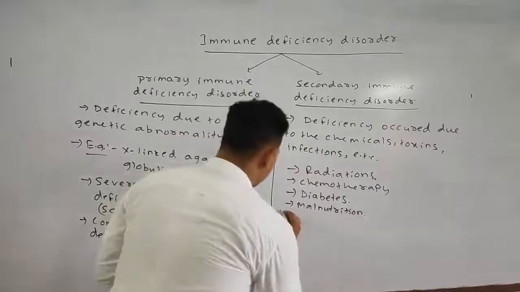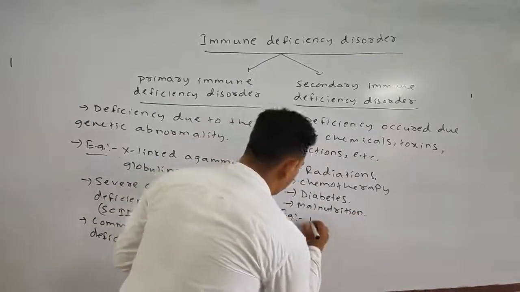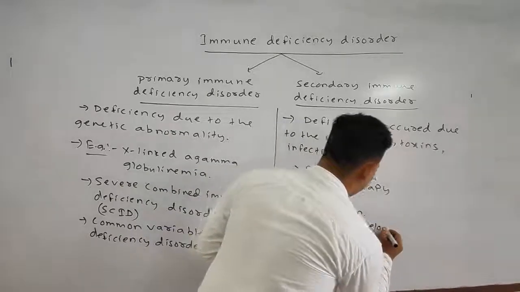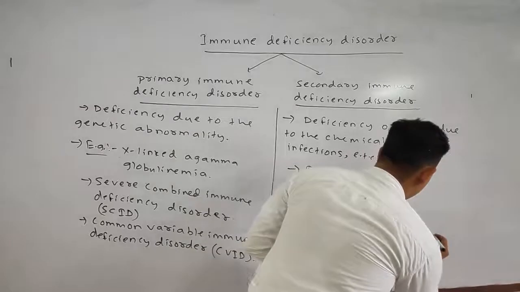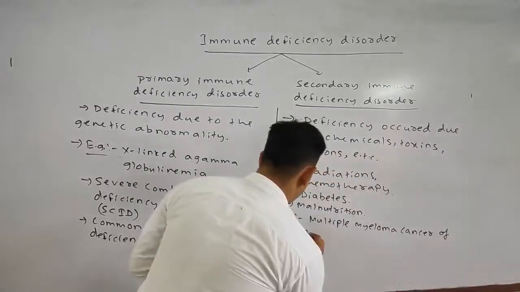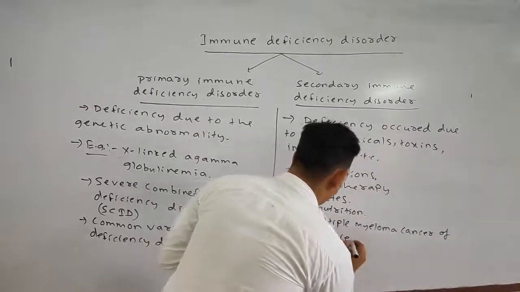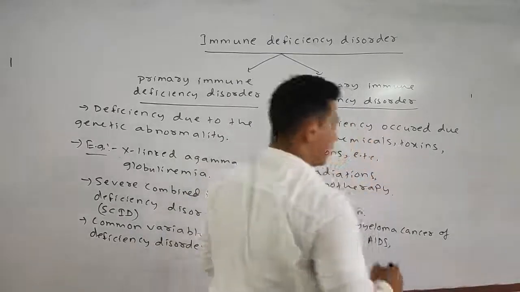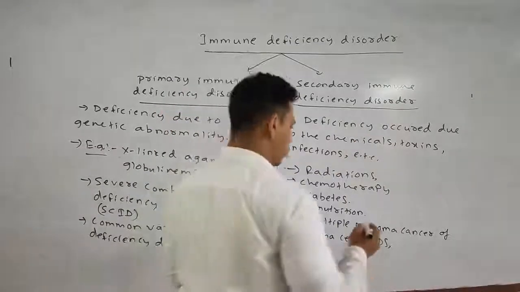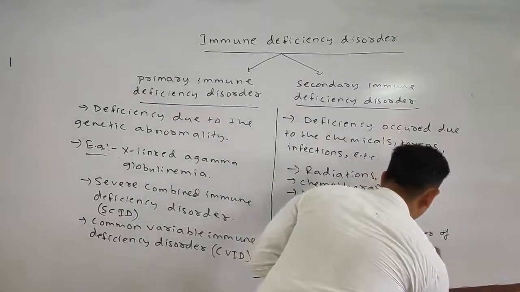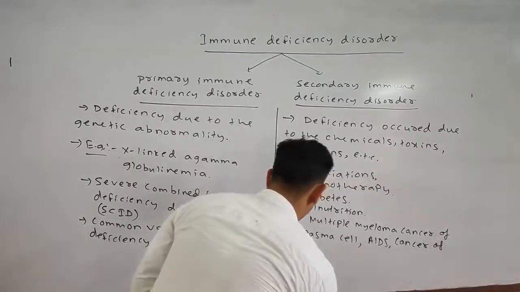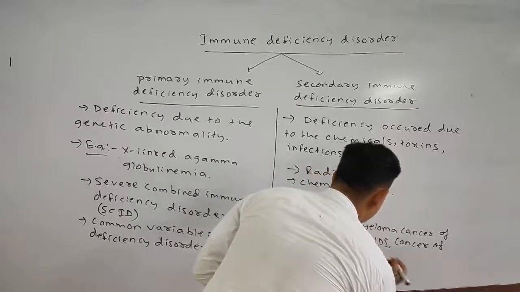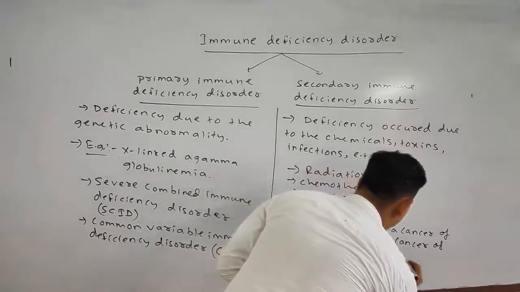Okay, and some common examples are multiple myeloma, cancer of plasma cell, then AIDS, then cancer of the immune system, that is also called leukemia.